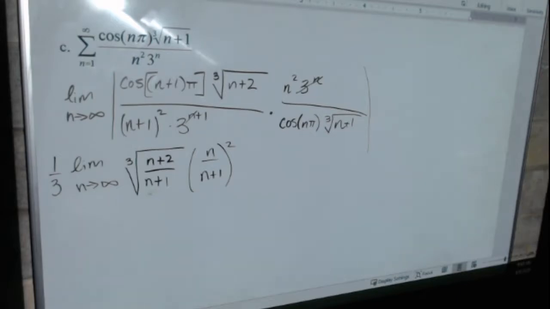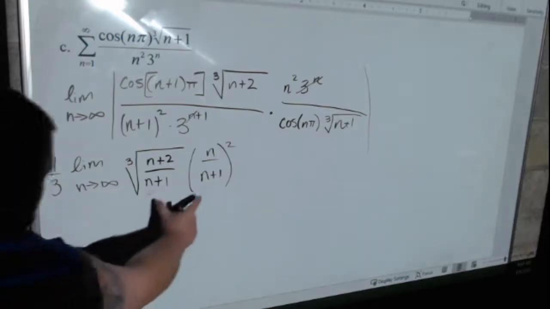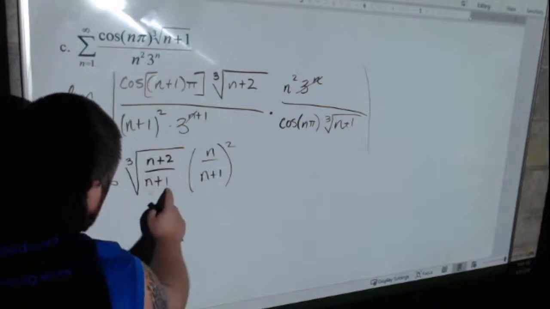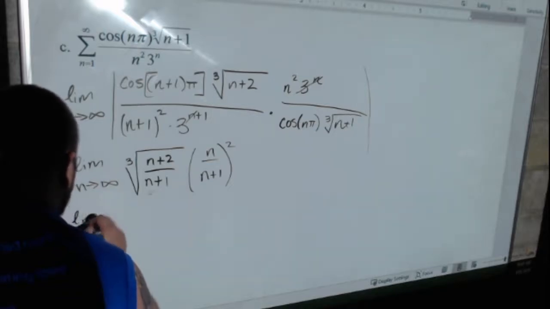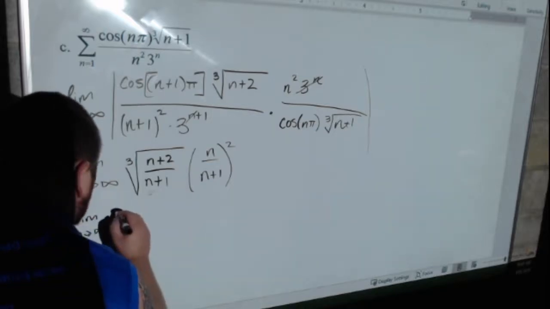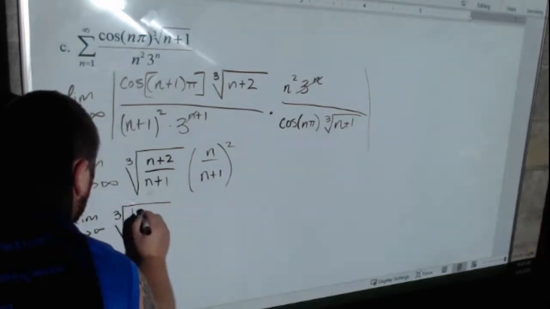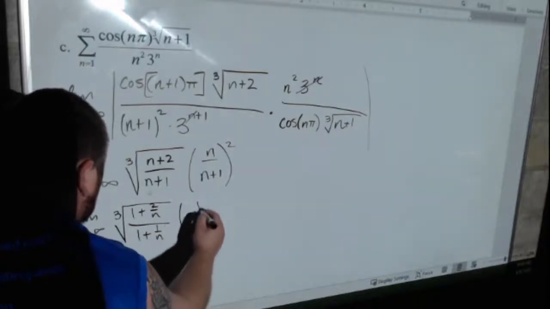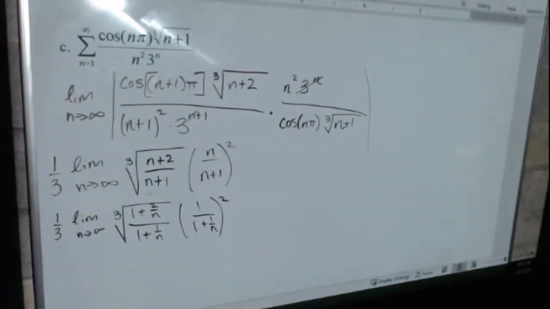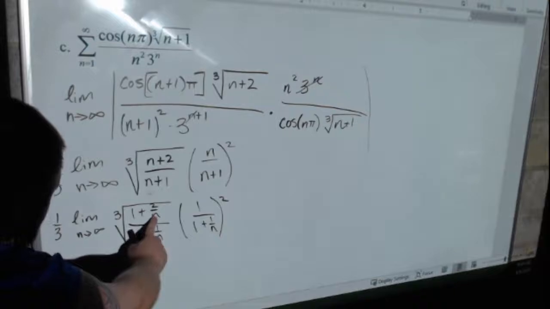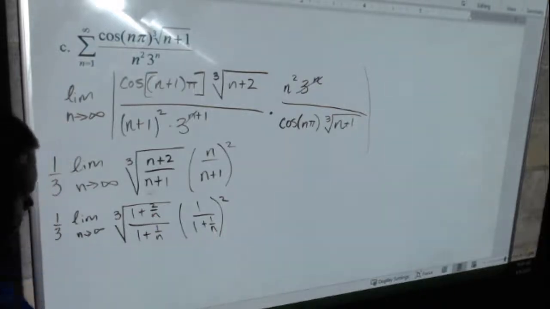No problem? And then inside of each of these, I'm going to divide every single term by n. So now, if I take this limit, anything divided by n goes to 0.